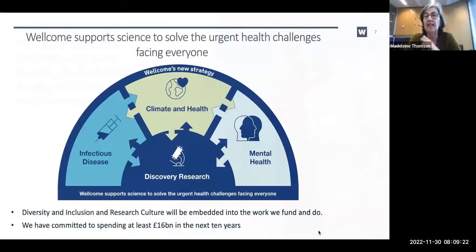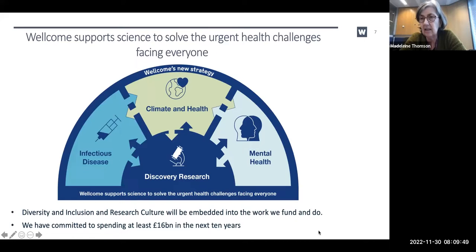And so this now comes at a time where Wellcome has dramatically changed its vision, its strategy, its way of working. As established in October 2020, Wellcome's vision statement is now that we support science to solve the urgent health challenges facing everyone.